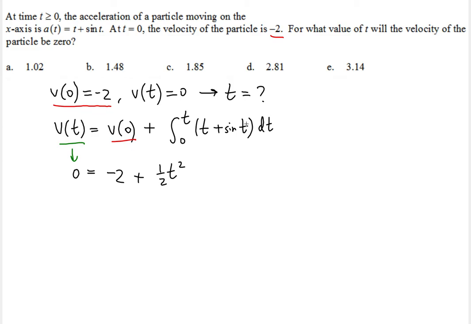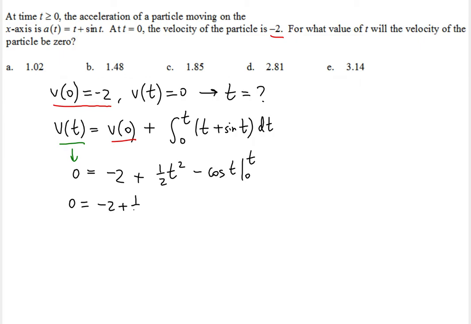And then the antiderivative of sine is the negative cosine, so minus cosine of t. Here you cannot ignore from 0 to t because the cosine of 0 is not 0. So let's simplify this.